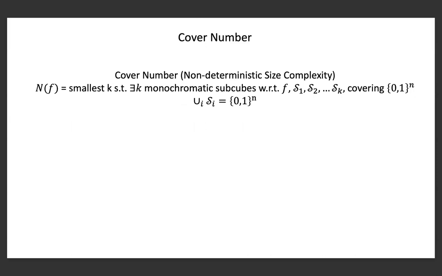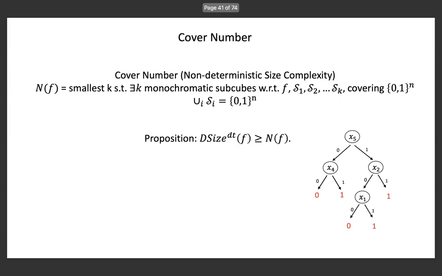This cover number is sometimes also referred to as the non-deterministic size of a Boolean function. A very easy proposition that one can check is that the cover number provides a lower bound on the deterministic size.